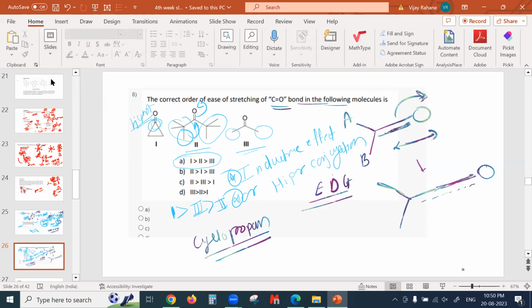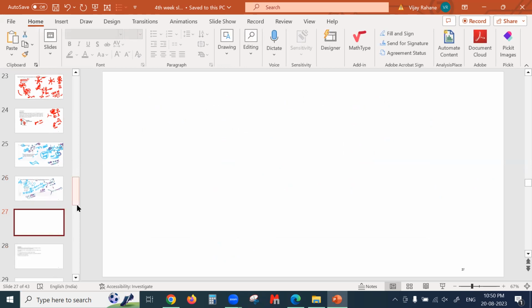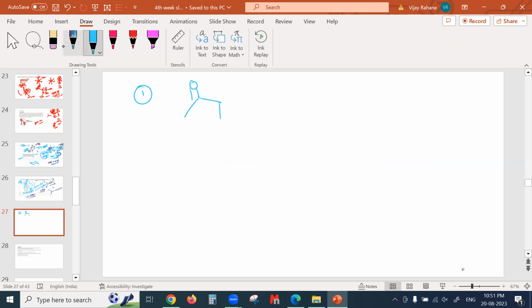I will just insert one slide here and draw here. In case of the first option, we need to consider the electron rich nature of this cyclopropane. In the second one, we need to consider the migration of methyl.